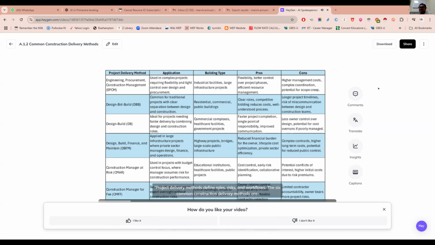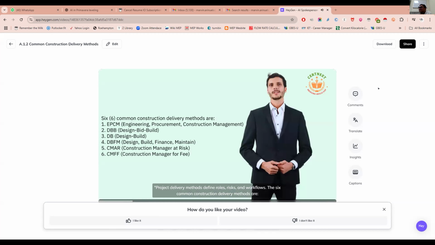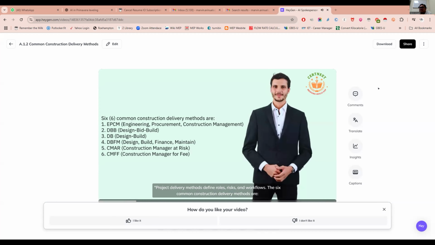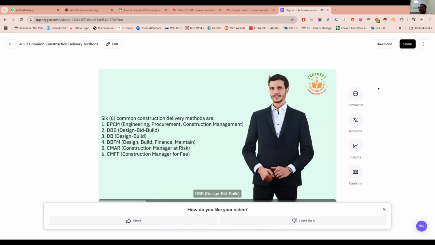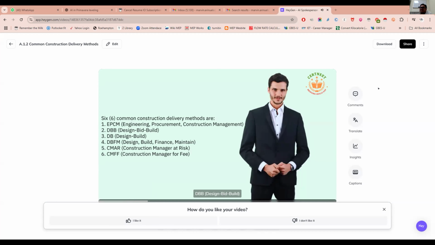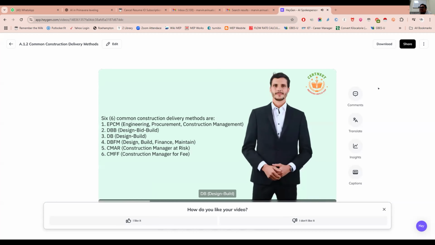Project delivery methods define roles, risks, and workflows. The six common construction delivery methods are EPCM, engineering, procurement, construction management. DBB, design bid build. DB, design build. DBFM, design, build, finance, maintain.